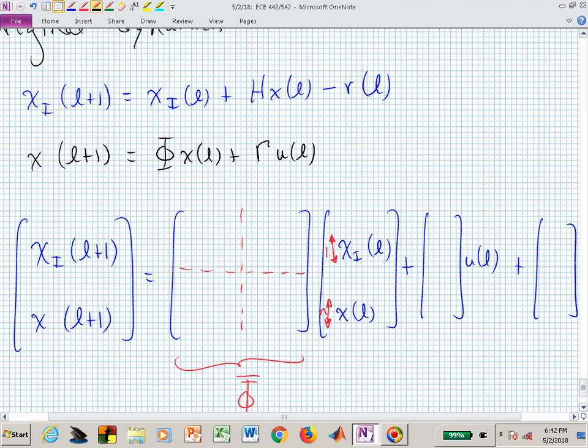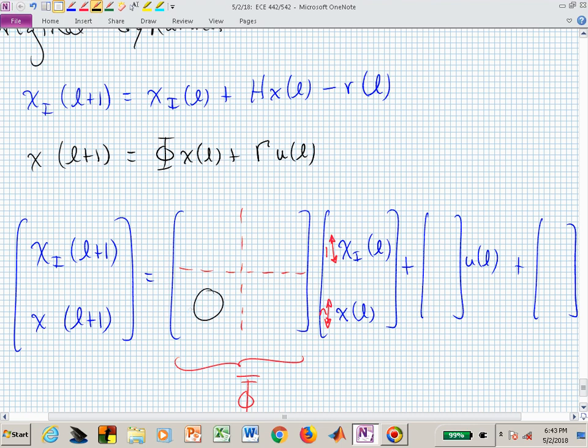Does it involve x sub I as a component part? Does the right-hand side of x of L plus 1 contain x sub I of L? No.